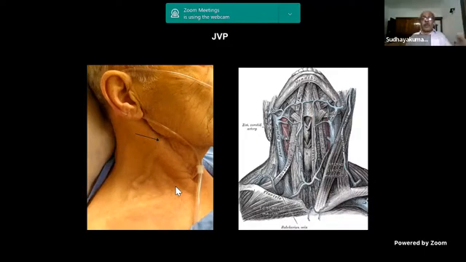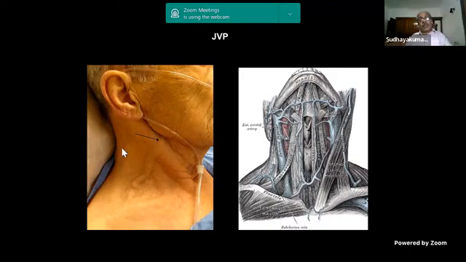When looking at how to differentiate between arterial and venous, the first thing is the anatomy. For JVP, definitely you have to look in the neck, not in the abdomen. For carotid also, you have to look in the neck. So surface anatomy is very important. The JVP runs from the point between the two heads of the sternomastoid to the angle of the mandible.